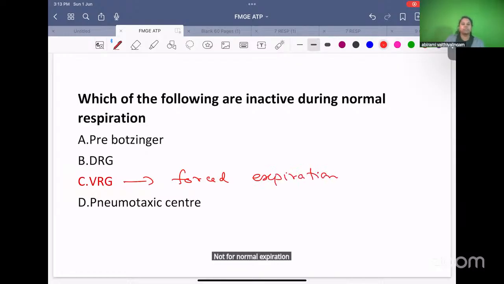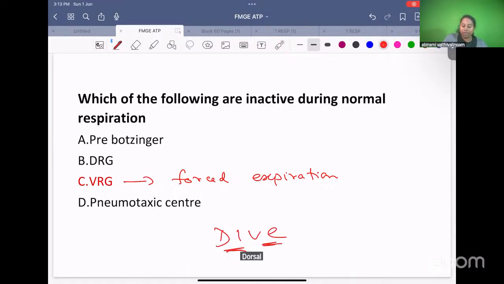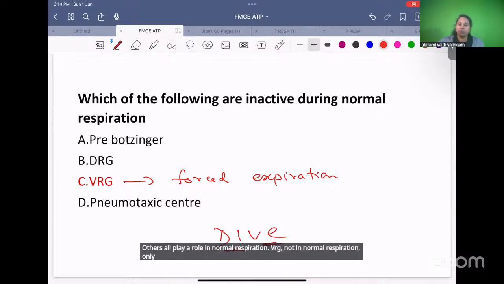For normal expiration, you don't need a center at all. I told you, right? A normal expiration will automatically happen. What is DIVE? Dorsal inspiratory, ventral expiratory, but not normal expiratory. It is only for forced expiration. Others all play a role in normal respiration. VRG not in normal respiration, only for forced respiration.